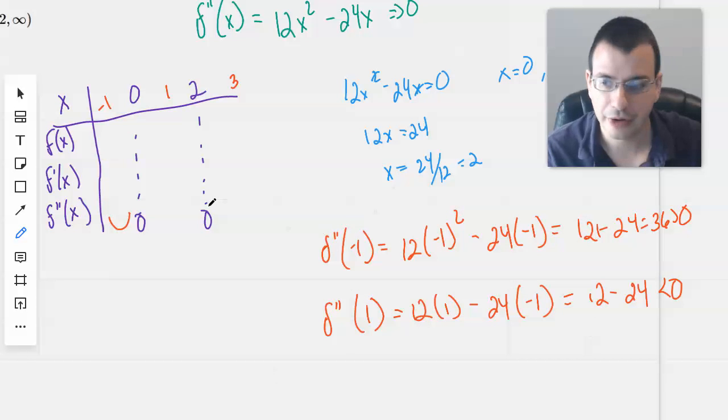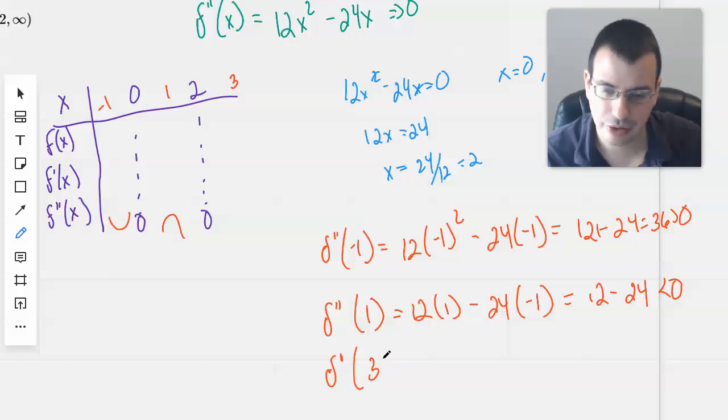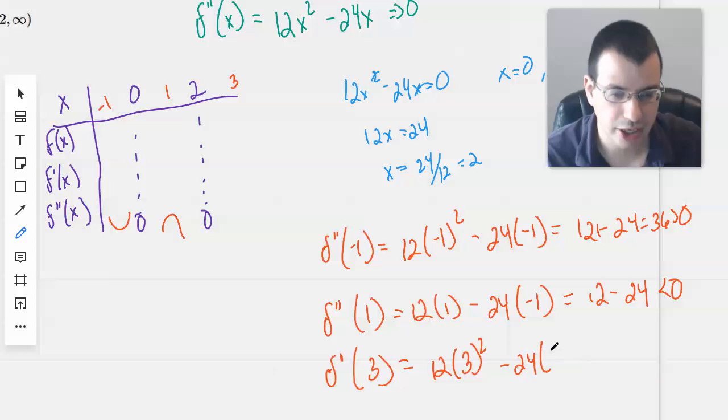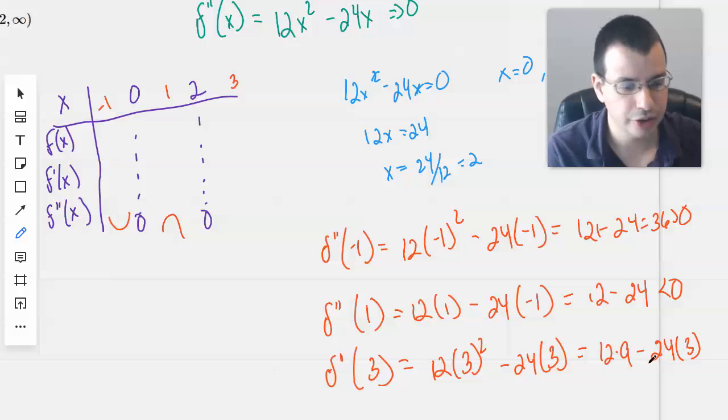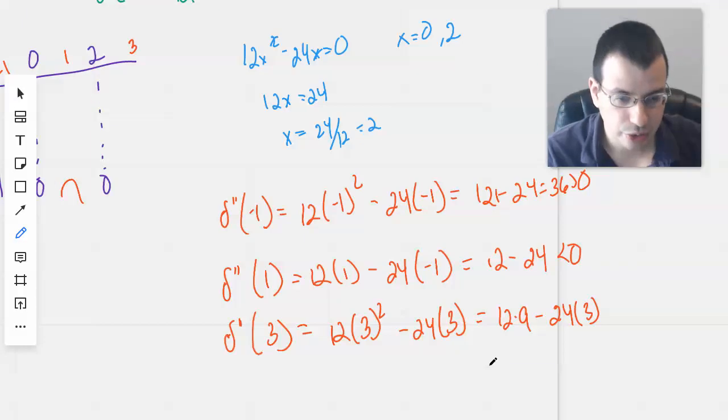So this would be concave down, and then f double prime of 3 equals 12 times 3 squared minus 24 times 3, which equals 12 times 9 minus 24 times 3.